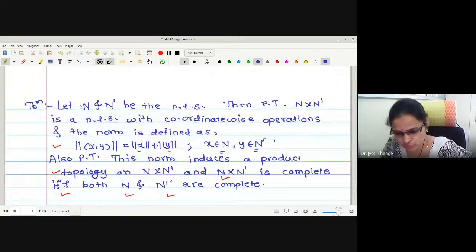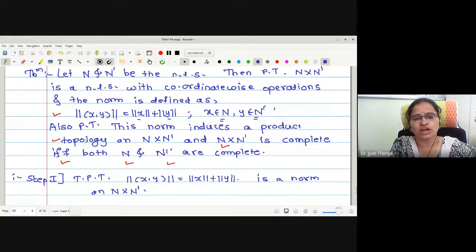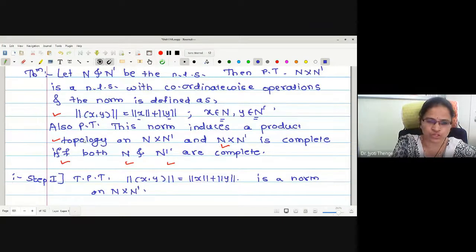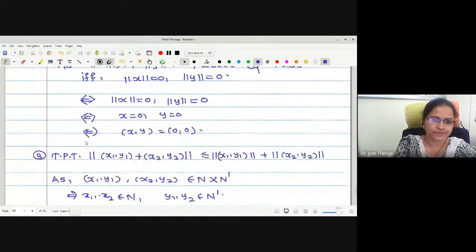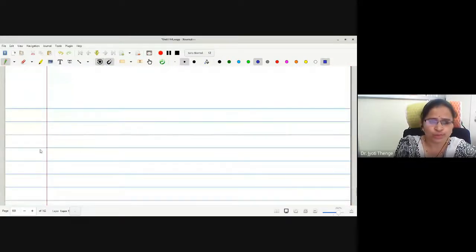Actually, to show that it induces a product topology, it is sufficient to show that coordinate-wise convergence is followed. So we will write the coordinate-wise convergence, because we have proved it many other times. Therefore, I am not going to repeat the coordinate-wise convergence concept here.